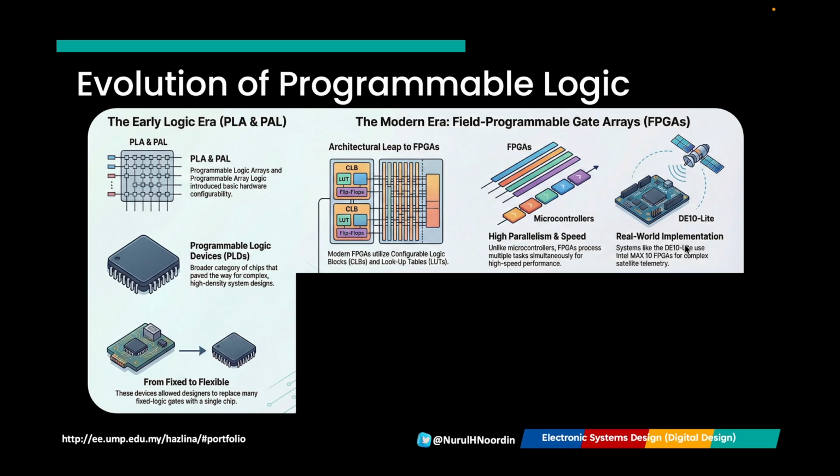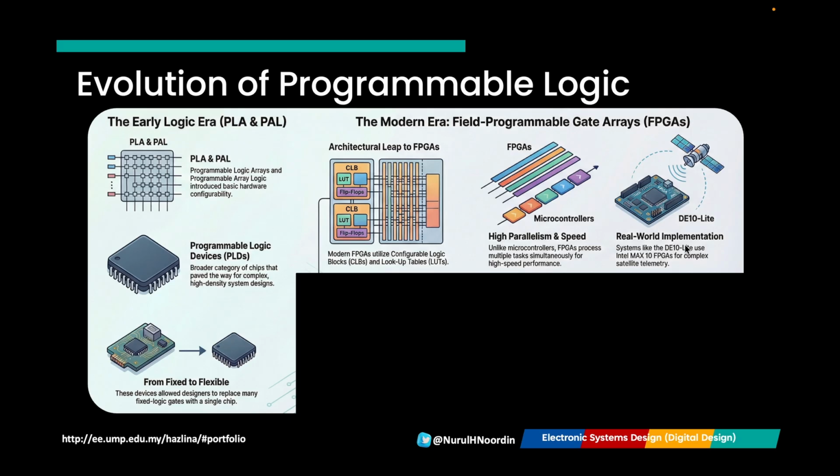Instead of relying on simple arrays of AND OR gates, FPGAs use configurable logic blocks, CLBs. Inside these CLBs are lookup tables, which are small memory elements that store pre-computed logic function values. Lookup tables completely replace traditional logic gates by simply mapping given inputs to their corresponding programmed output.